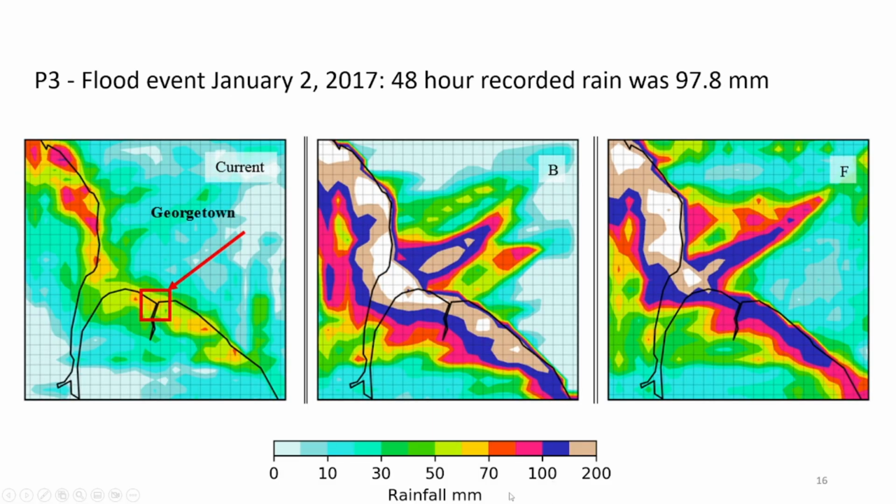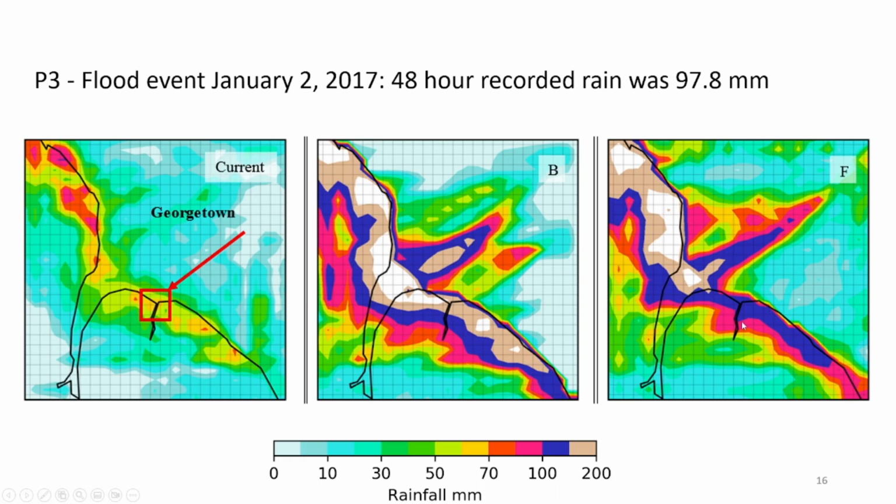And again, it gets more interesting with this event from 2017. We can see that the current parameterization scheme is way off, and especially for the rainy season, or particularly for the rainy season. And so there's definite need to improve upon that. So let's focus on B and F. This one is 97.8, and so we would want to see, I guess, the pink or blue region.